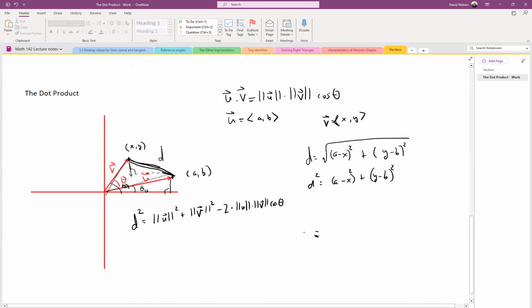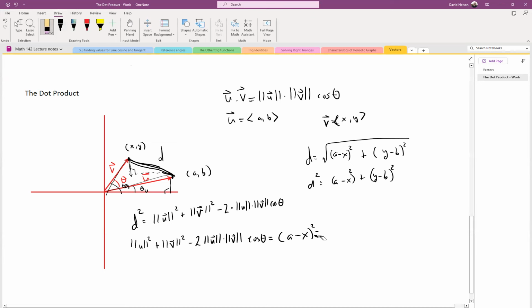And so let's look at those two a little bit. Those two need to be equal to each other. Magnitude of u squared plus the magnitude of v squared minus 2 times the magnitude of u times the magnitude of v times the cosine of theta is equal to a minus x squared plus y minus b quantity squared.